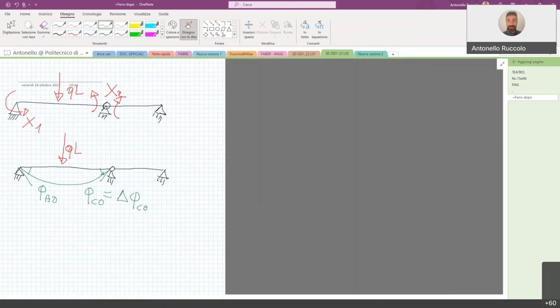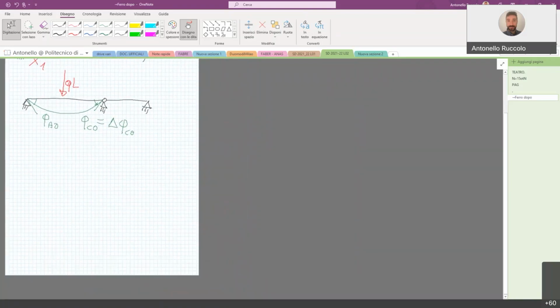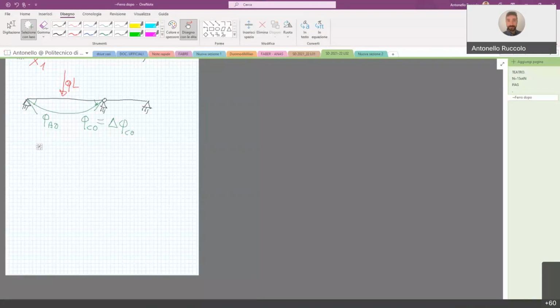Okay, so phi A0, we have to know how much is phi A0. We can refer to reference examples, and in this case they are all simply supported beams. If you look for flexibility coefficients for the force method online, you will find tables and tables.